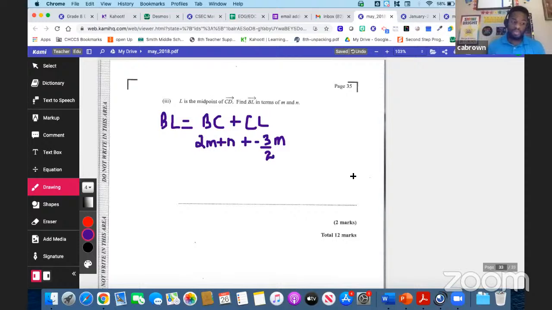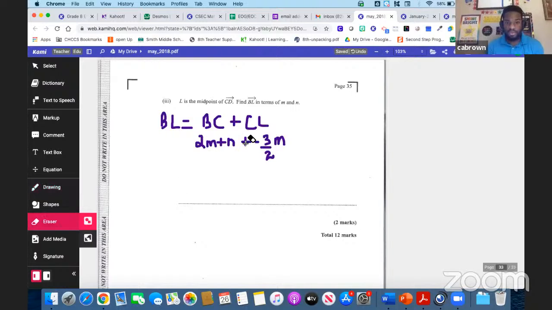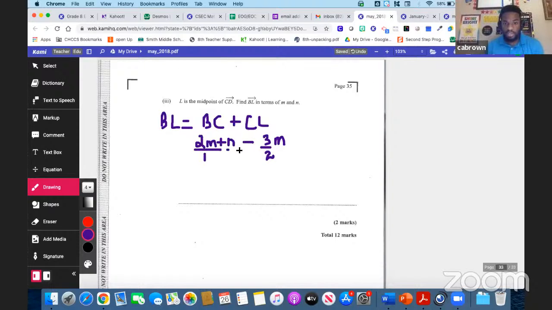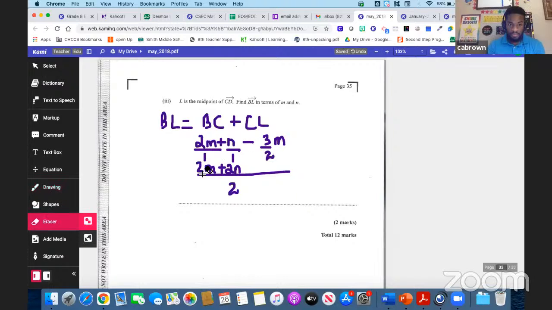Well, looking at this, we can simplify. We don't need these two signs, so we can take out this positive right here and just have our minus. All right, to make it a little bit simpler, I'll put these over 1 so that you can see that we have denominators. Then I'll find my LCD. 2 into 1, that's 2, so this is 2M. Plus 1 into 2, that's 2 again, so this is 2N. 1 into 2, that's 2. 2 times 2, that's 4.